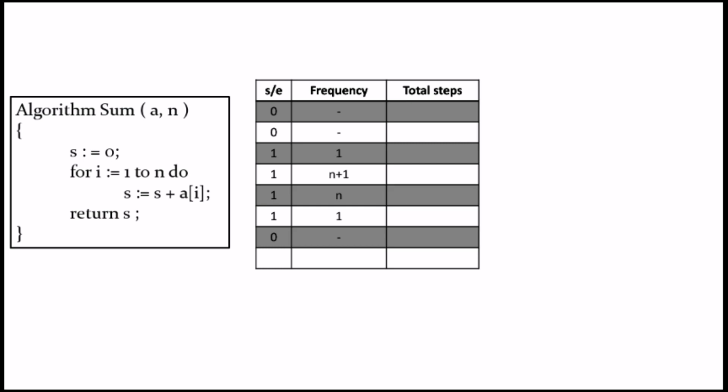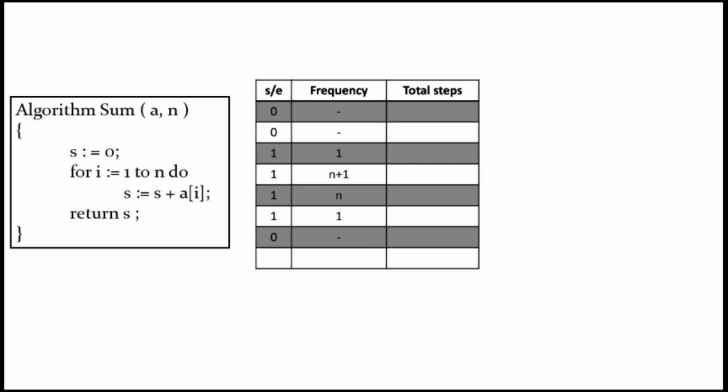Next is the for loop, which is for I equal to 1 to n. So this will be repeated n times for the true condition, and even when the condition is false, that is n plus 1 times it has to be executed, meaning n times for the true condition and 1 time for the false condition.